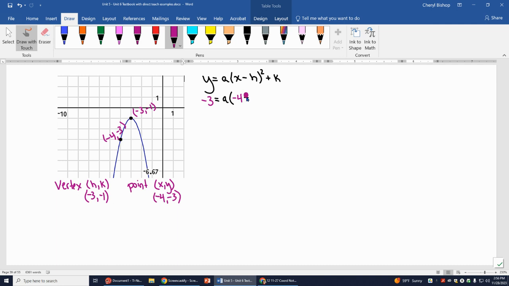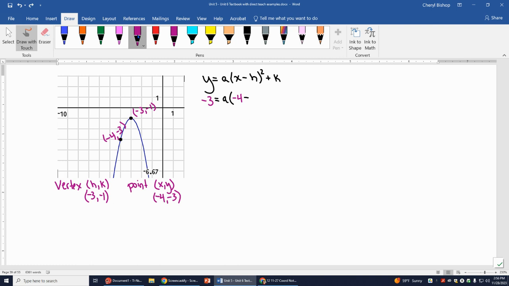So if I do minus the negative, undo that. Minus the negative 3, it's just going to turn into a positive there. Squared. Plus k, and k is a negative 1, so instead of doing plus a minus 1, I'm just going to do minus 1. And then I'm going to simplify.